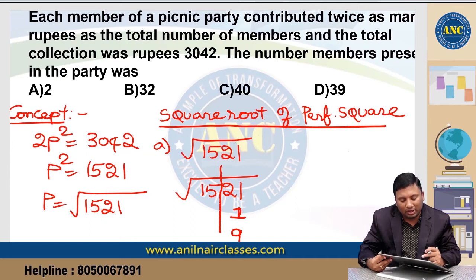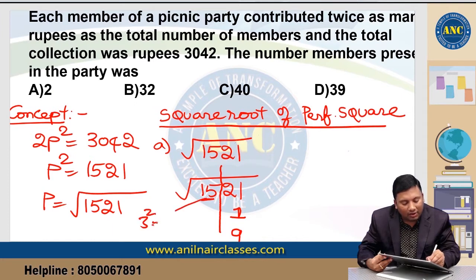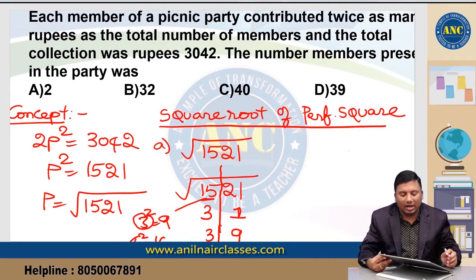There are two possibilities, 1 or 9. 15 lies between which two squares? 3 square is 9 and 4 square is 16. So take the lowest value. Answer is either 31 or 39.